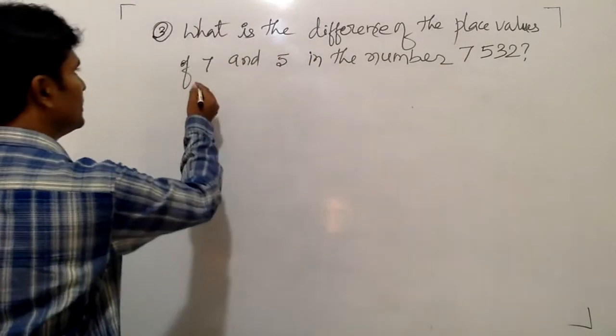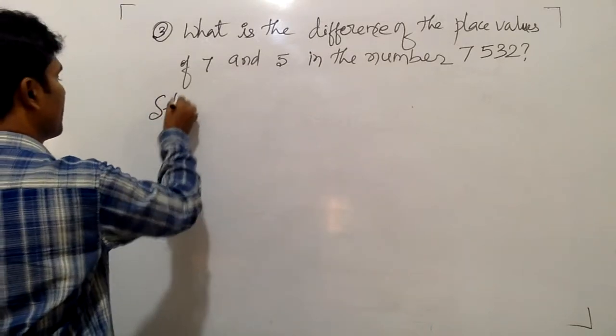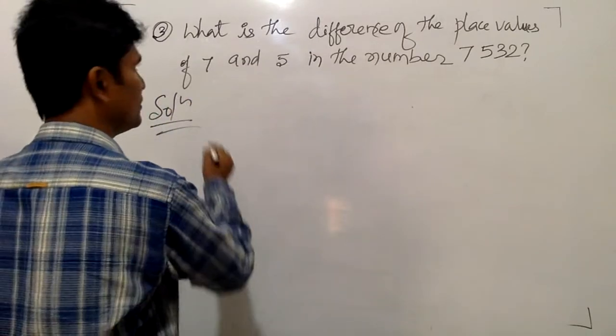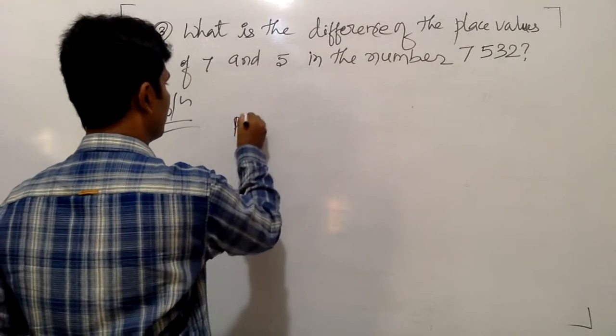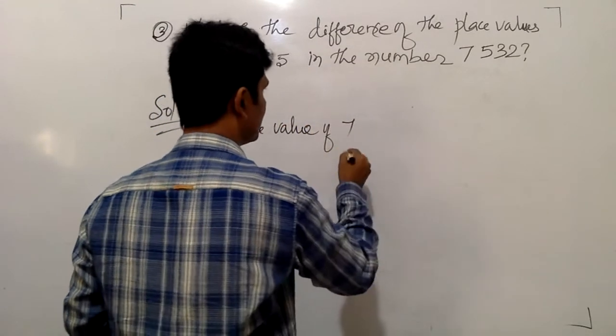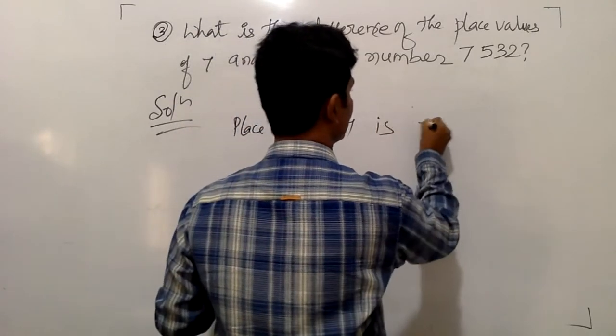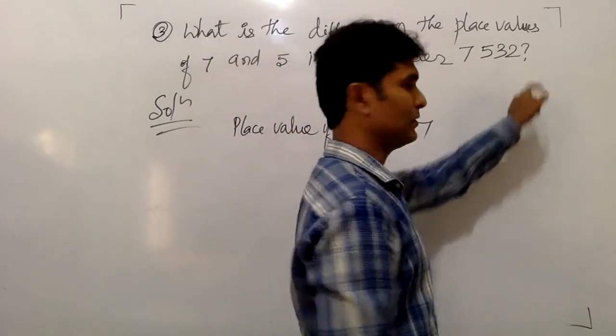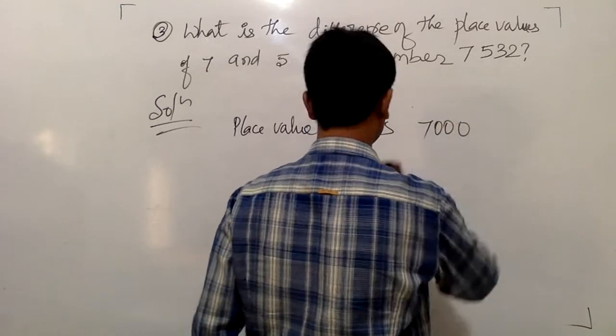Okay. Now the place value of 7. The place value of 7 is, see, write 7 and 3 zeros, 7000.